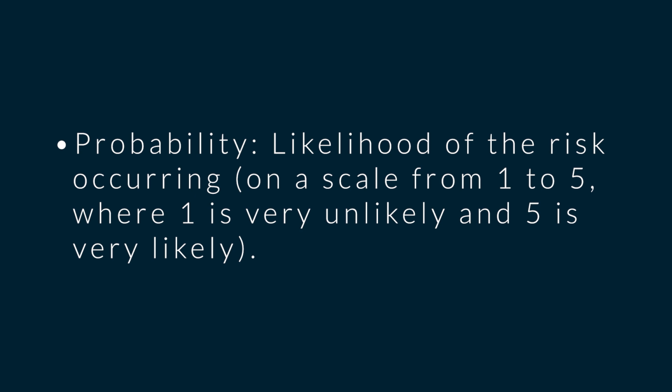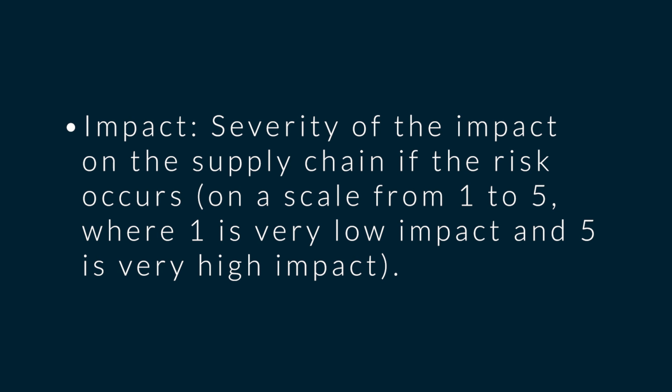And this likelihood is going to be put on a scale from 1 to 5, where 1 is very unlikely, and 5 is very likely. Now, the impact, which in this case is the severity of that risk if it occurs, how will it affect the supply chain, basically. And that one too, you're going to look at it on a scale of 1 to 5, where 1 is very low, the impact is very low, and 5, the impact is very high.